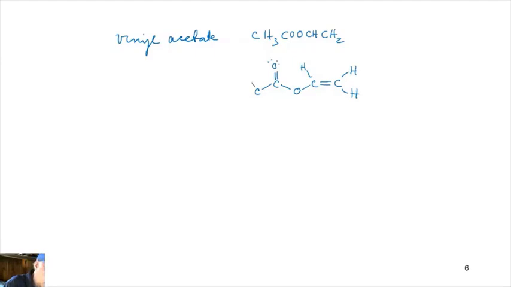And I need my backward one. Something like that. So this one is coming out of the plane of the paper. This one is behind the plane of the paper. This one is in the plane of the paper.